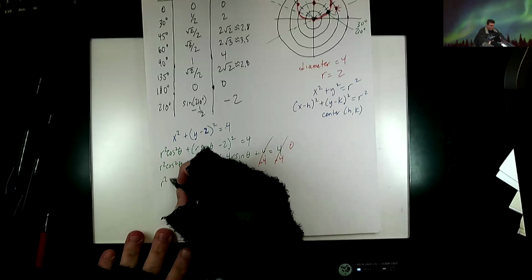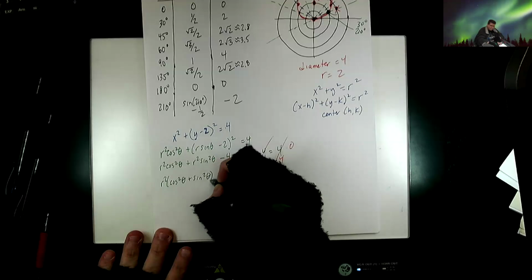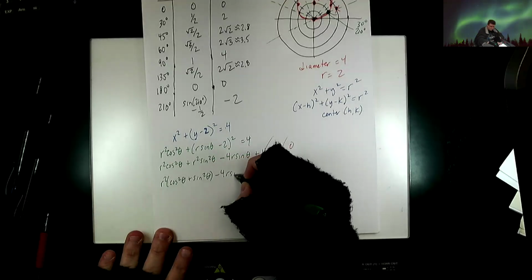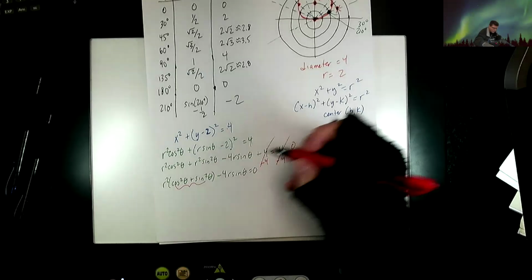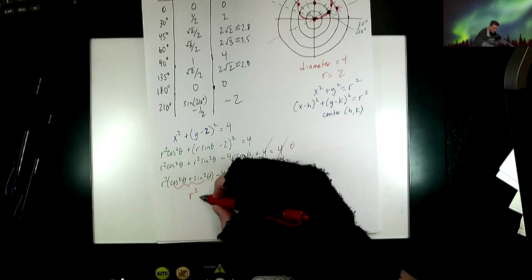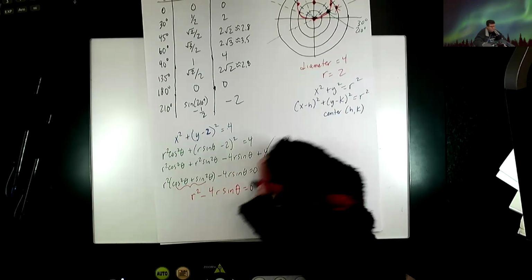I'm going to factor out the r squared. And what is cosine squared plus sine squared? 1. So this turns into r squared minus 4r sine theta equals 0.